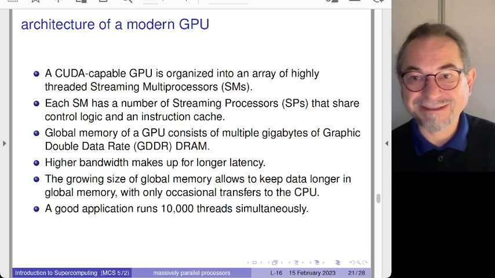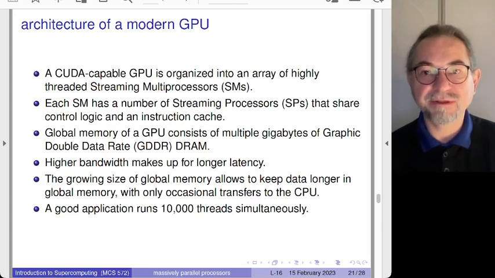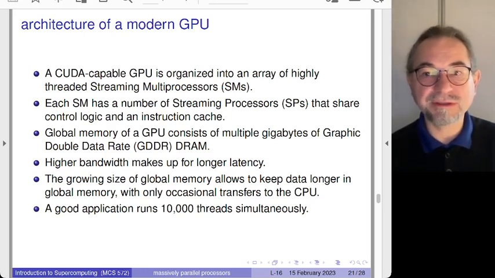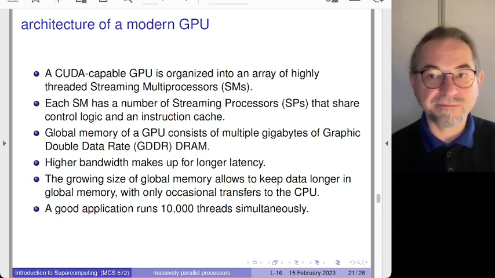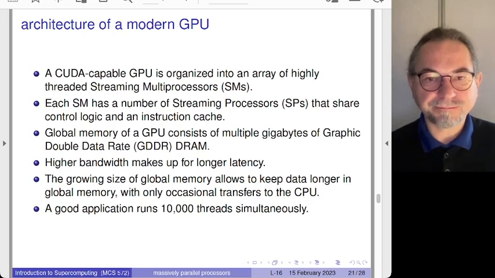You want to accelerate the computations that the CPU has to do, but the data always resides on the CPU. So one needs to be careful about the memory traffic. Otherwise, if there is too much memory traffic, the benefit of GPU computing will not be noticed.